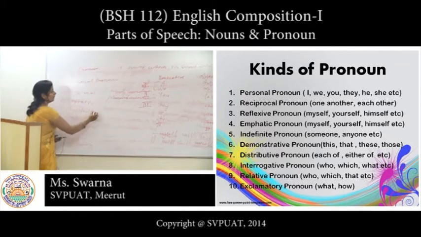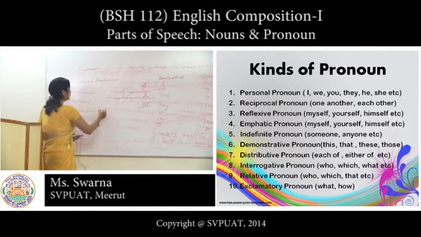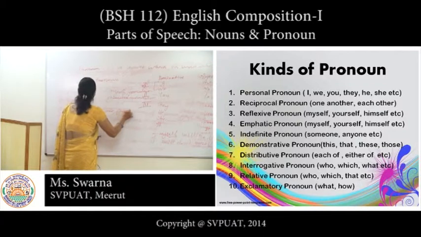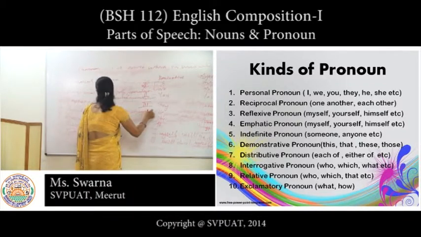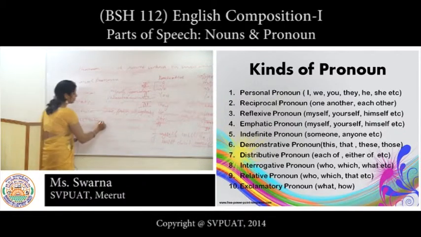Then we come to the indefinite pronoun. We use several words like some, any, all, anybody, nobody. So these words are indefinite pronoun. Then demonstrative pronoun. If we use words like this, that, these, those, then these words are demonstrative pronoun.